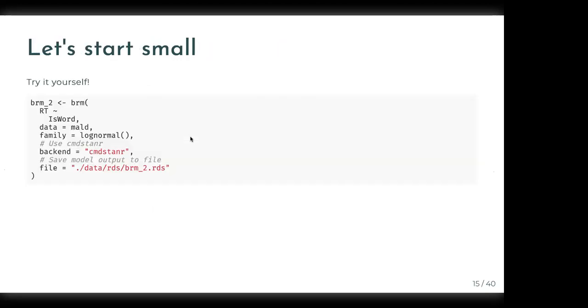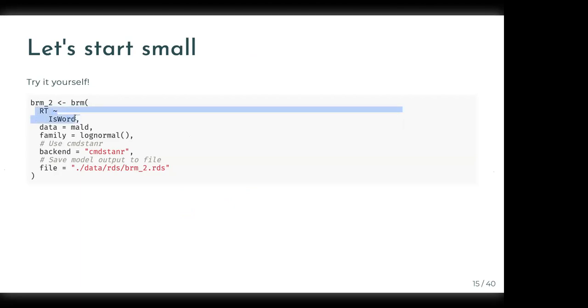So let's start small. Let's go back to a simple model, and you can start actually running the code yourself if you wish. Again, here we're just using the brm function for Bayesian regression model.